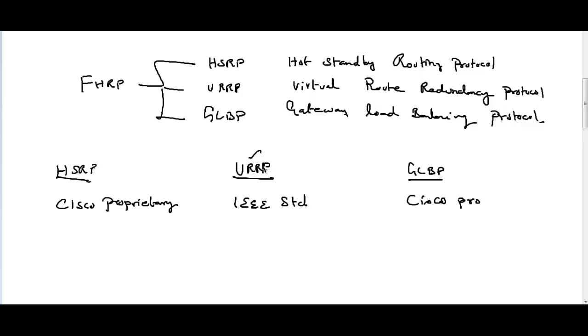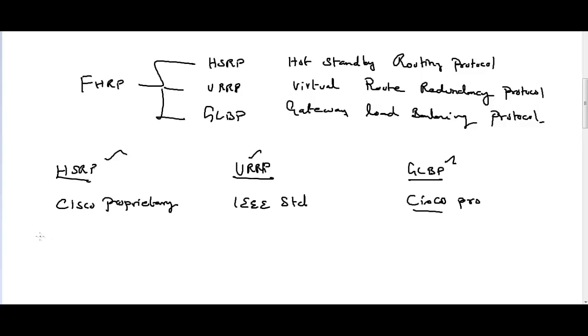We need not always have all Cisco routers in our domain. We can have a mixture of different vendors and multiple vendor routing devices. They can run VRRP and talk to each other. Those things are good. But why are there two different names doing the same job, designed by the same vendor? Definitely there should be some difference. We will discuss that.